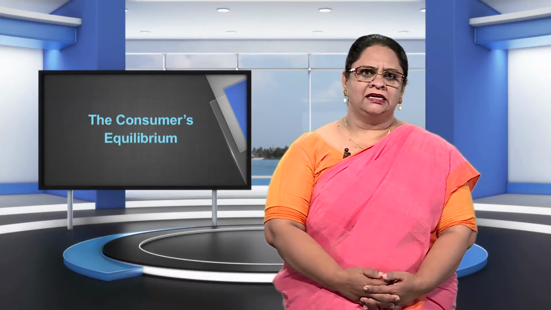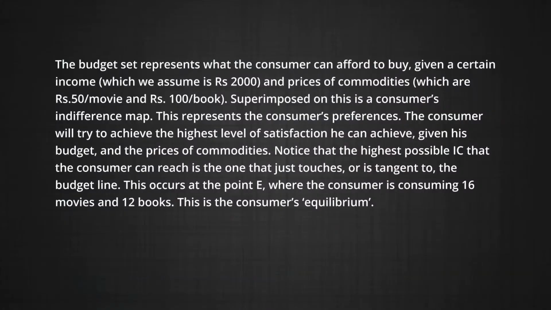Remember, we do this only as a simplification. You can choose any two commodities you like. In principle, you can also extend this analysis to more than two commodities, but that would just make our diagrams extremely complicated.